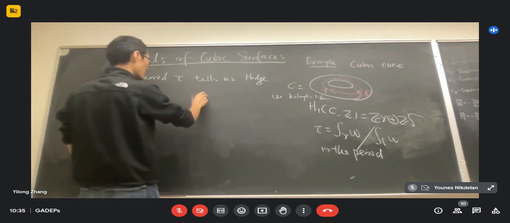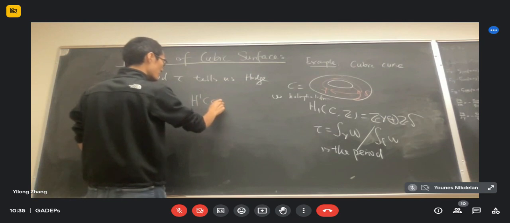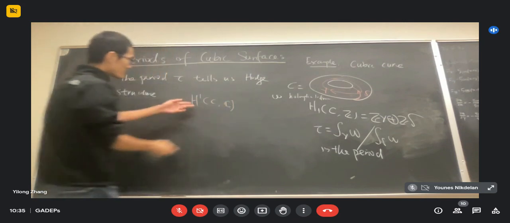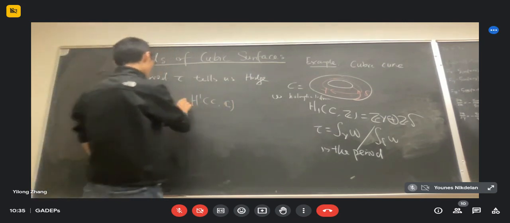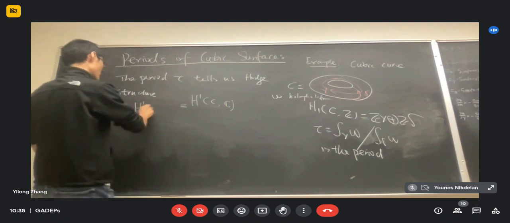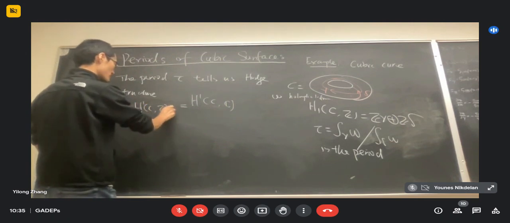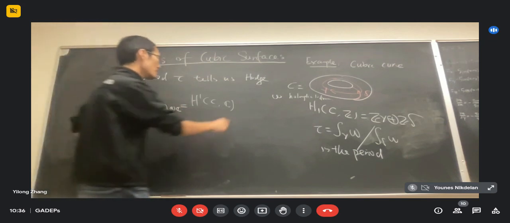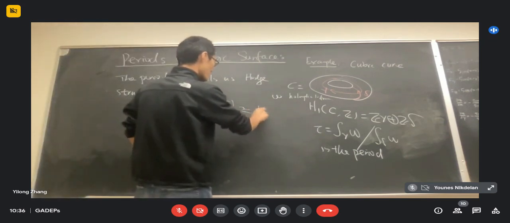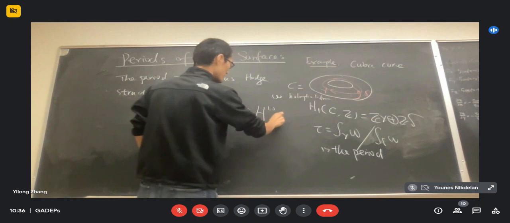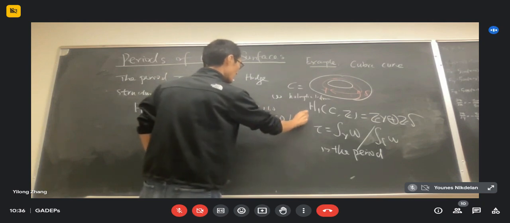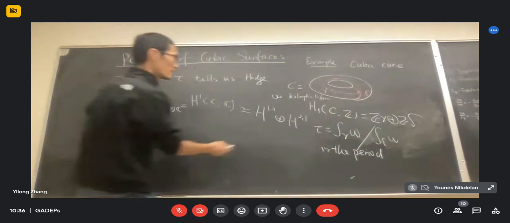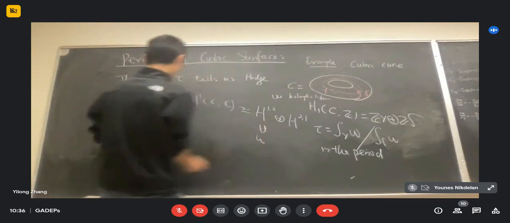So we have complex coefficients, which is given by integral cohomology. We tensor with C, and this decomposes as a holomorphic part and an anti-holomorphic part. And this omega lives in here.